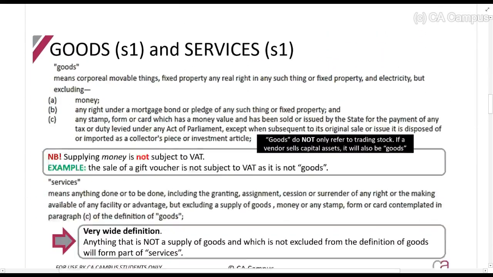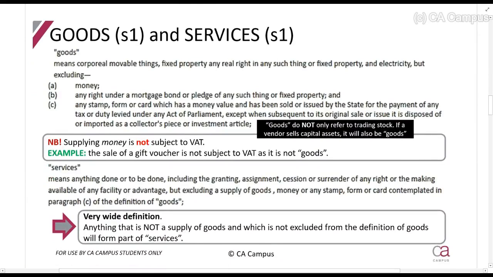Goods and services. Again, definitions in section 1. What are goods? What are services? So goods means corporeal, movable things. Corporeal means tangible, movable things. It also includes fixed property, so that's immovable, and any real right in any such thing or fixed property. And electricity is also considered to be goods.